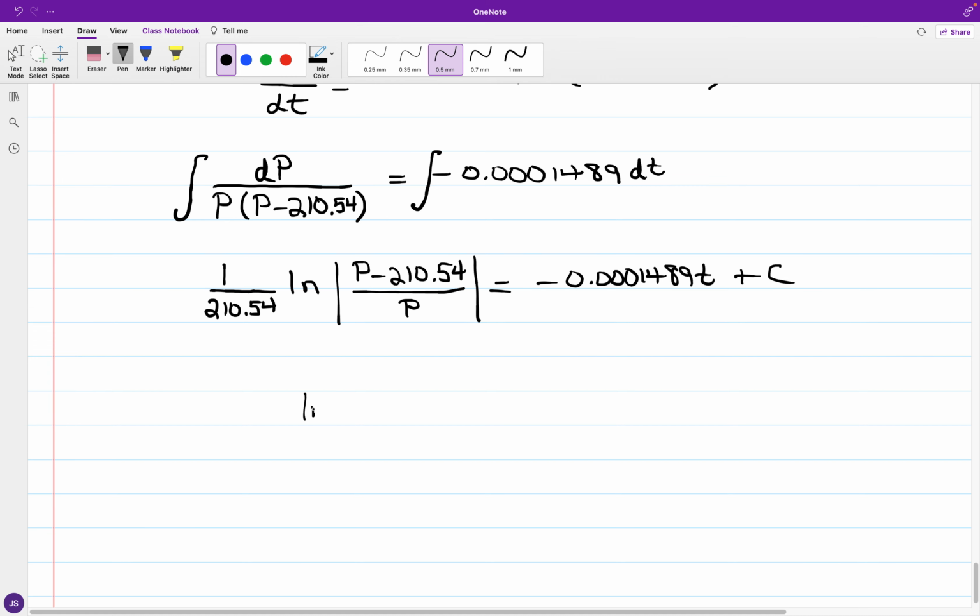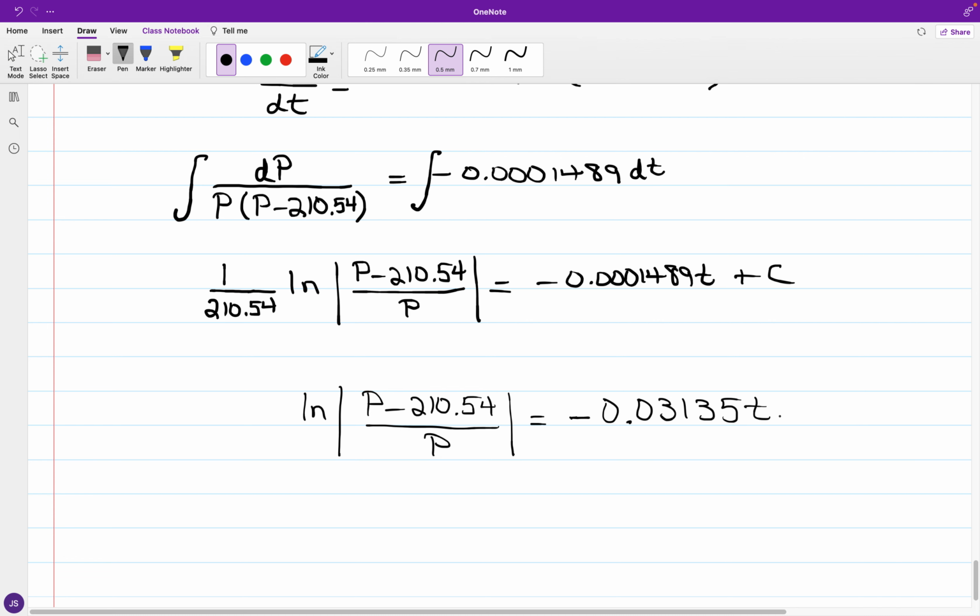we have the natural logarithm of the absolute value of P minus 210.54 all over P, and that's going to be equal to the negative, the opposite sign of the leading coefficient in the formula, so minus 0.03135 times t, and with 210.54 times the constant, plus alpha.